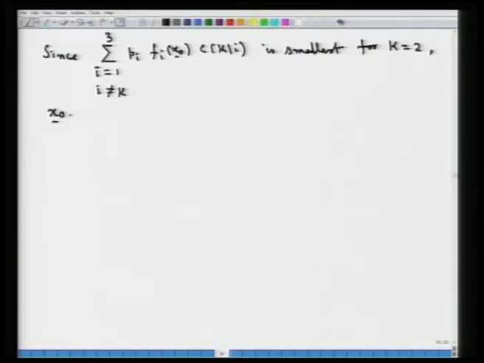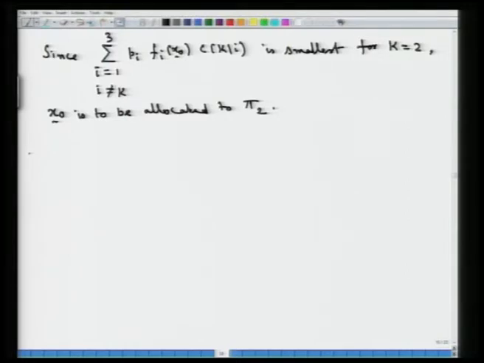The new observation x naught is to be allocated to the second population, that is pi 2. So, this is how this type of ECM minimizing rule works.